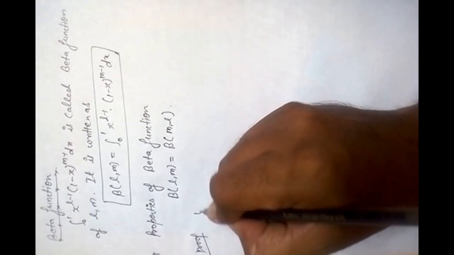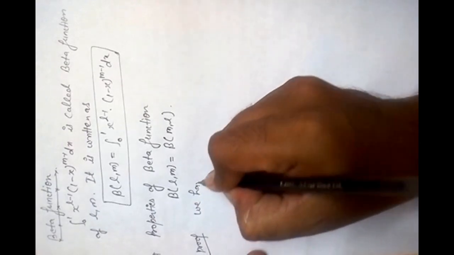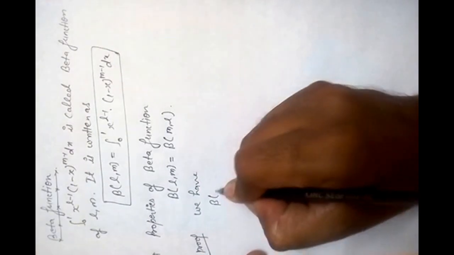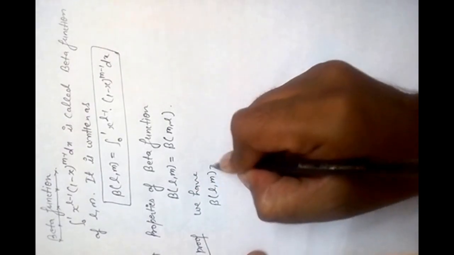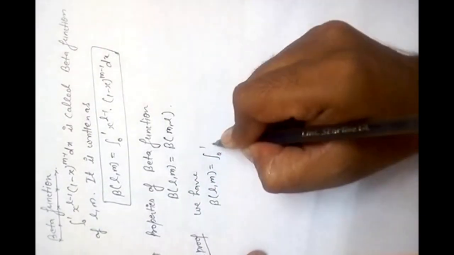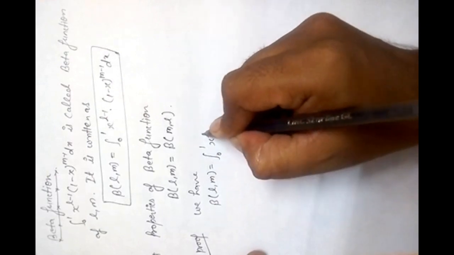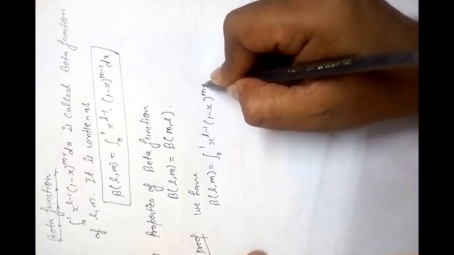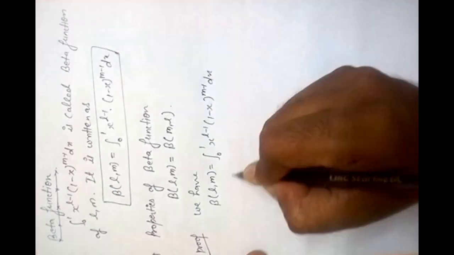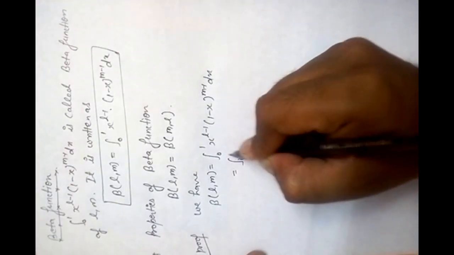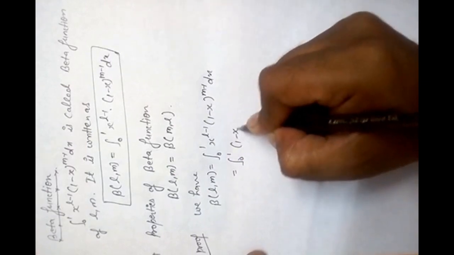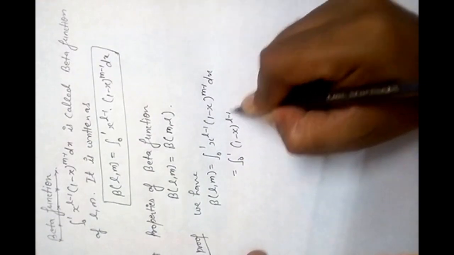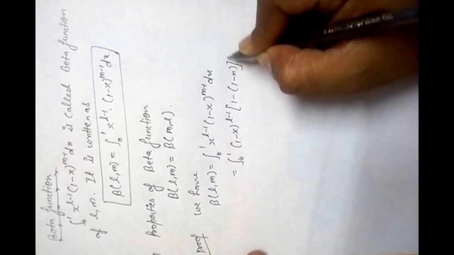We have beta L comma M is equal to integral 0 to 1 x power L minus 1 times 1 minus x power M minus 1 dx, which is written as, replacing x by 1 minus x, integral 0 to 1 of 1 minus x power L minus 1 and 1 minus 1 minus x power M minus 1 dx.